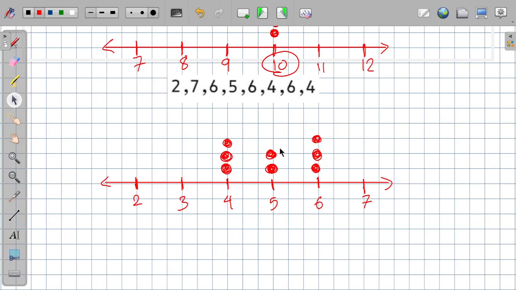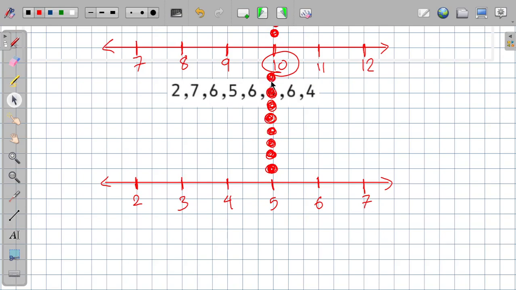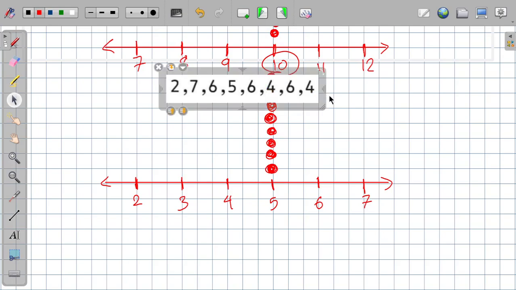Next, I'll move the point of 4 to 5 and the point of 6 to 5. So, I think you see now that the balance point of this dataset will be 5 because all dots are now above 5.